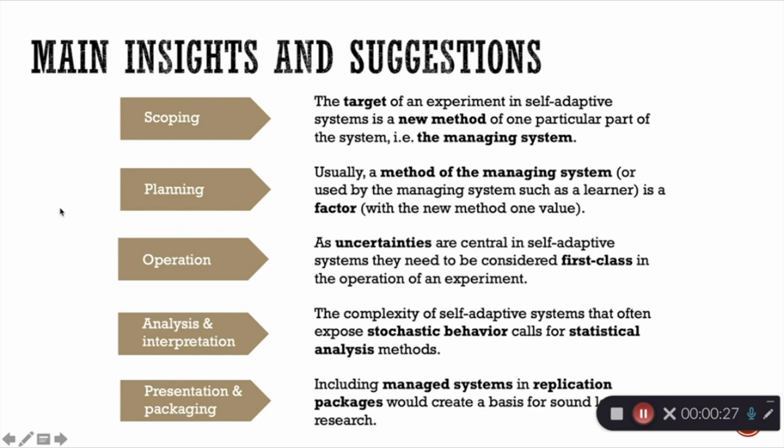However, we believe that we can improve here by including more probabilistic modeling of uncertainties. Regarding the analysis and interpretation, an insight is that the complexity of adaptive systems and their stochastic behavior often calls for statistical analysis methods. Finally, regarding presentation and packaging, we found that the use of full-blown replication packages can further help future research. Thank you very much for your attention.